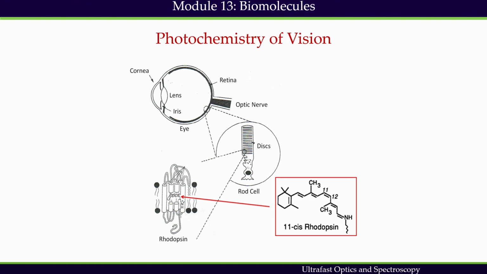Eye vision is initiated when a photon is absorbed by a pigment called rhodopsin. This is the structure of rhodopsin, which is located in the rods of the retina. So this back wall is the retina, and in this wall we have a compound called rhodopsin, and this compound is excited to the excited state, and that is the first step of our vision.